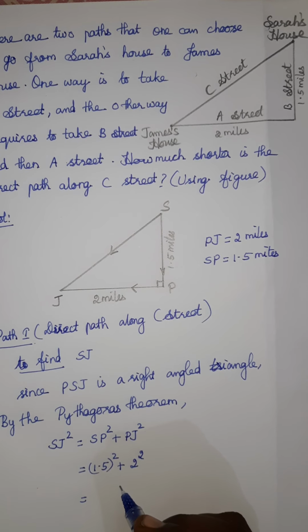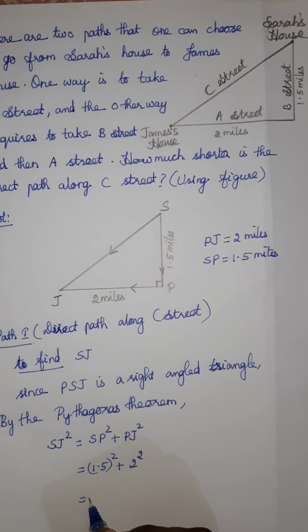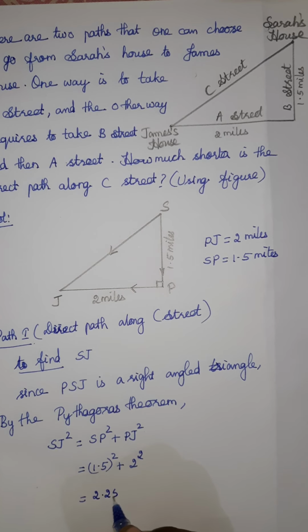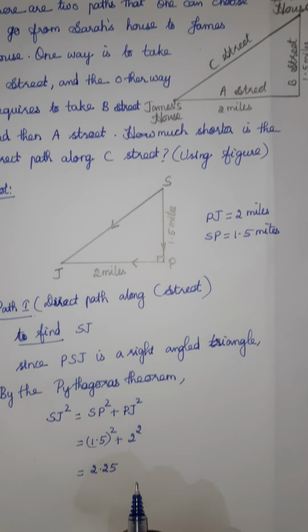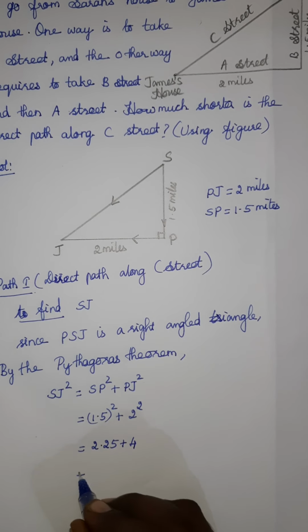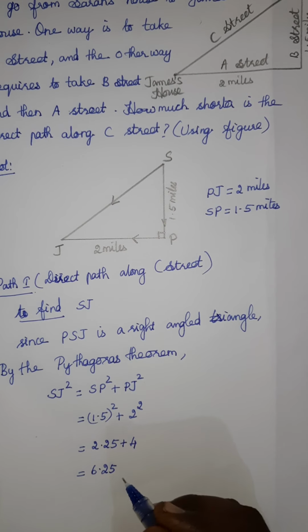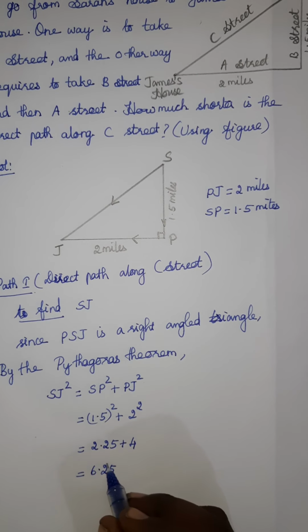In the product 1.5 into 1.5, you need 2 digits in the decimal part, so 225 becomes 2.25. So 1.5 square is 2.25 plus 2 square, which is 4. Totally we get 6.25.